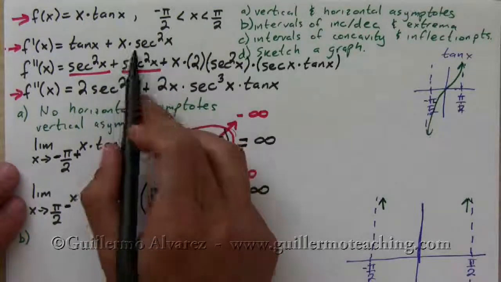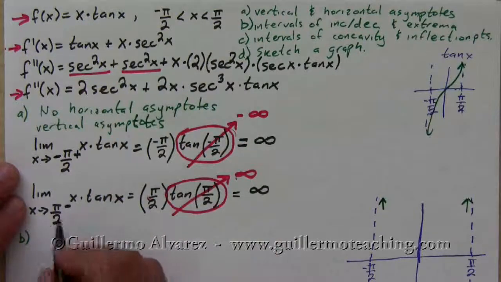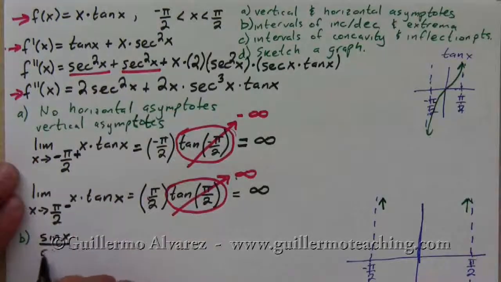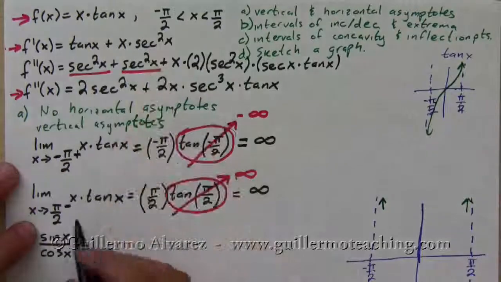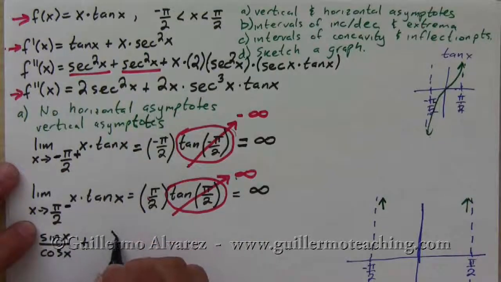So tangent is sine x over cosine x, so this is the derivative right here, plus x, and secant is one over cosine, so this is going to be cosine squared x.